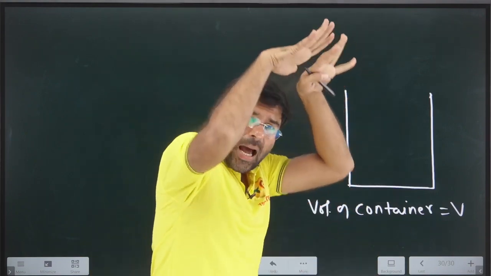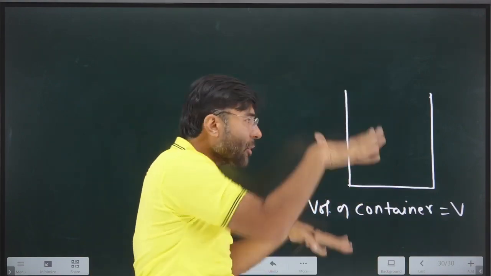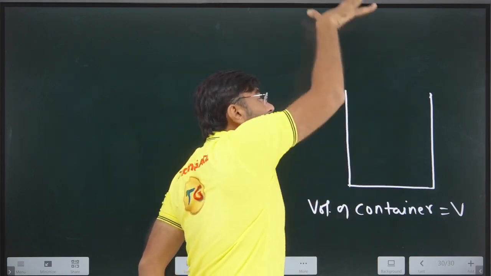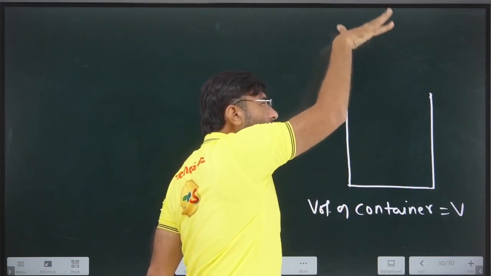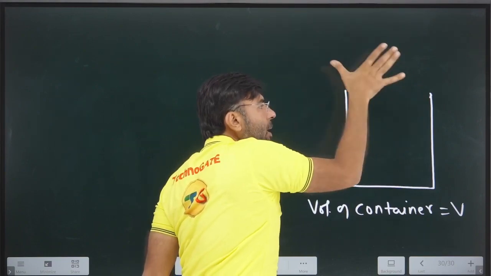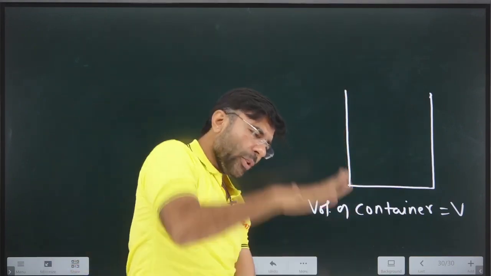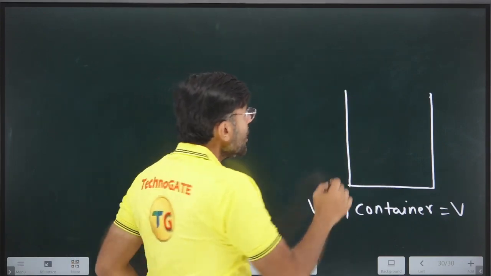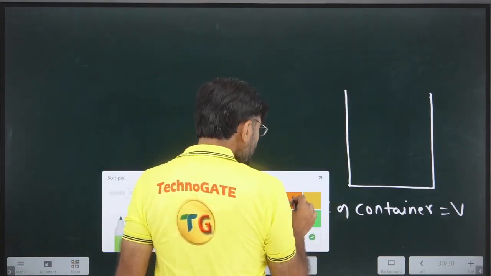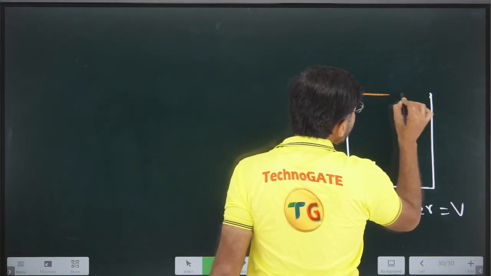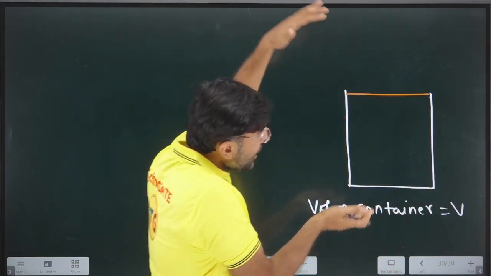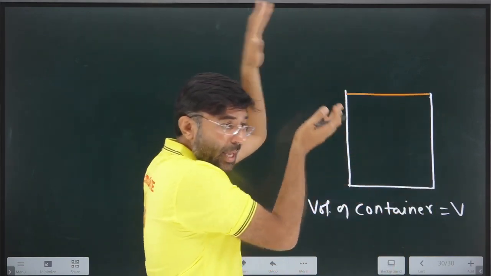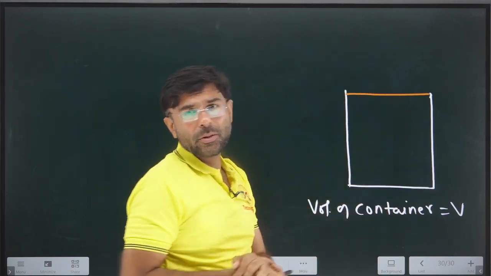I will apply force on this sample so that I can fill as much soil as possible in this container. I will apply a force to densify the soil filled in the container.